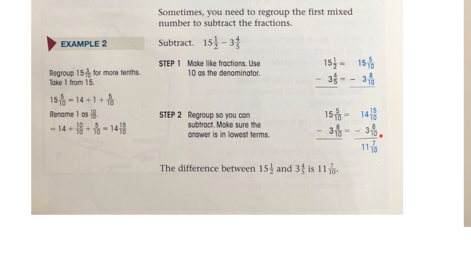We have like fractions. We can take 8 from the 15 now, and that leaves us with 7. 14 minus 3 is 11, so the difference is 11 7/10.